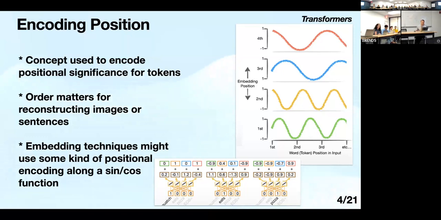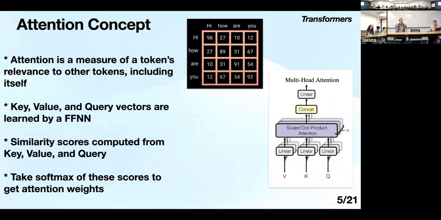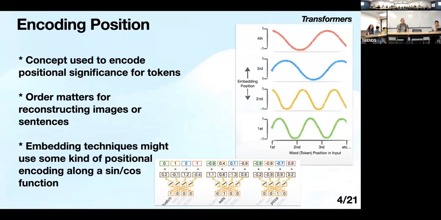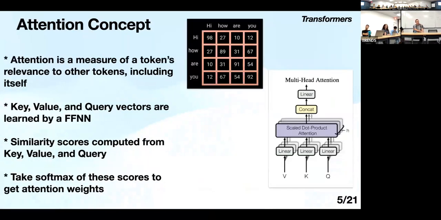Okay, so yes, transformers use this positional encoding to get these numerical values to put alongside the word embeddings. And then they use this attention concept, which is a measure of a token's similarity to other tokens. They use a linear network to compute these key, value, and query vectors, which they combine to find the score of a word.